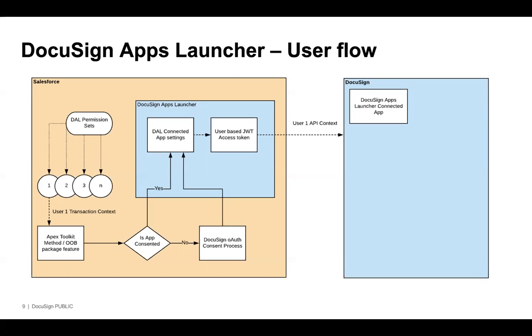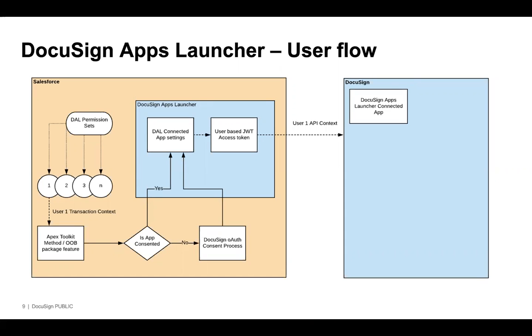You will see on the left hand side we have a Salesforce organization, and that organization has the DocuSign Apps Launcher managed package installed. Once that managed package is installed, you can associate your Salesforce users to be managed package users by using the internal user management capabilities provided in the package.